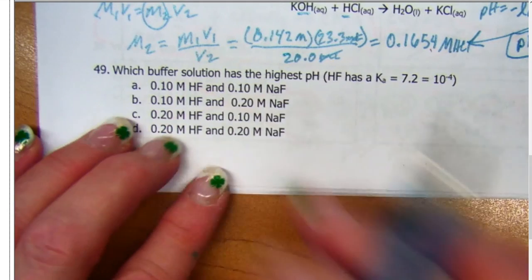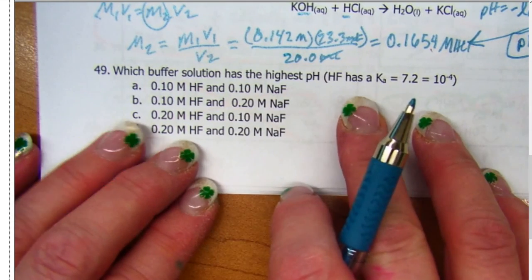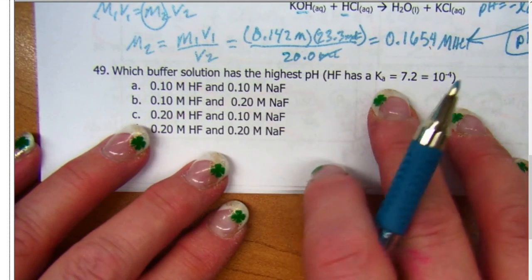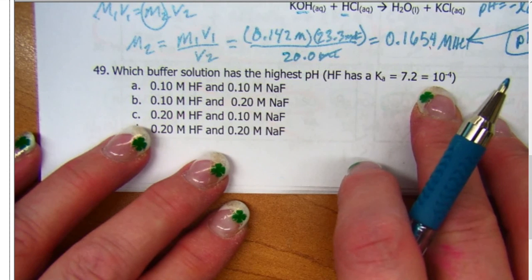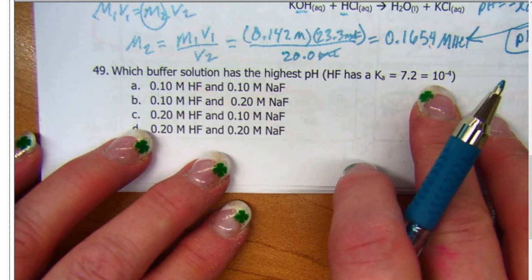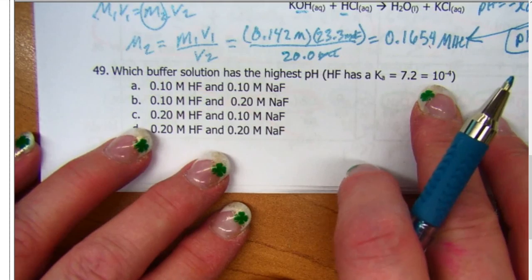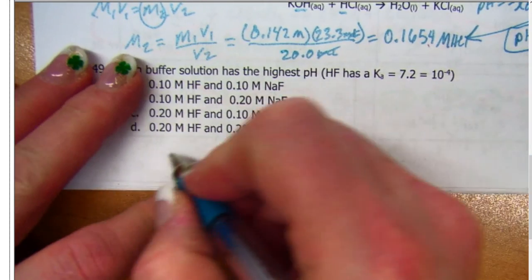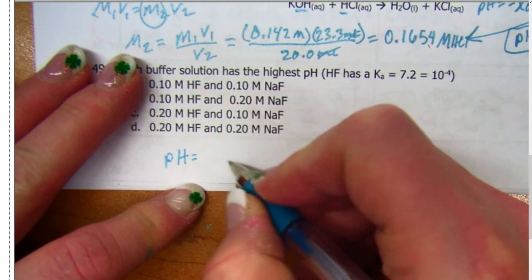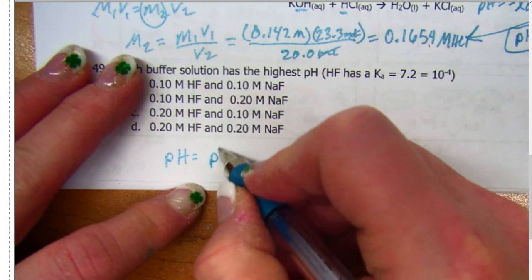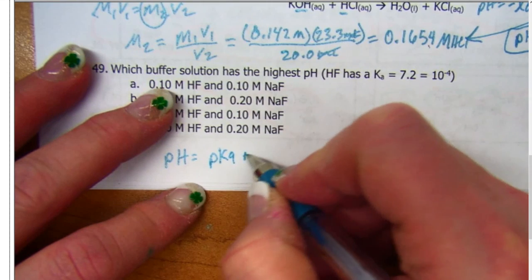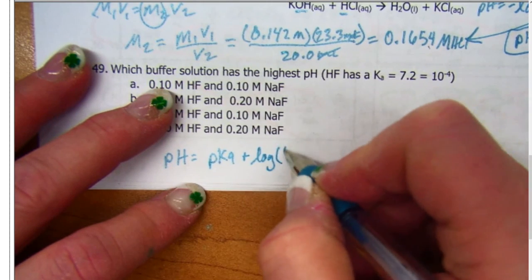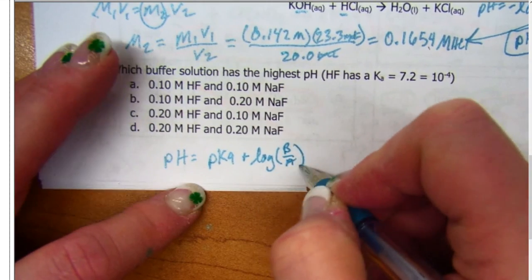Okay, which buffer has the highest pH? The HF has Ka of this. So again, we're going to use Henderson-Hasselbalch, and Henderson-Hasselbalch basically says that the pH is equal to the pKa plus the log of the base over the acid.